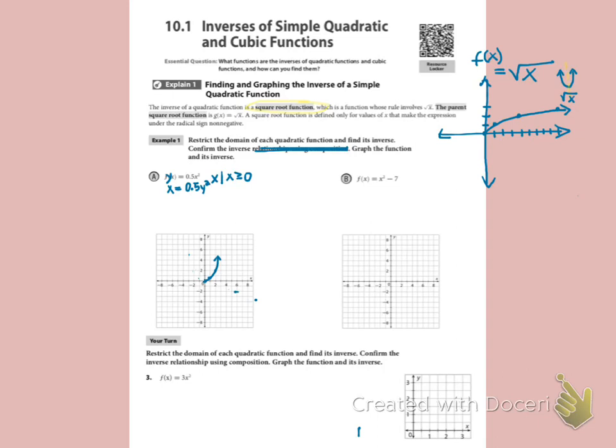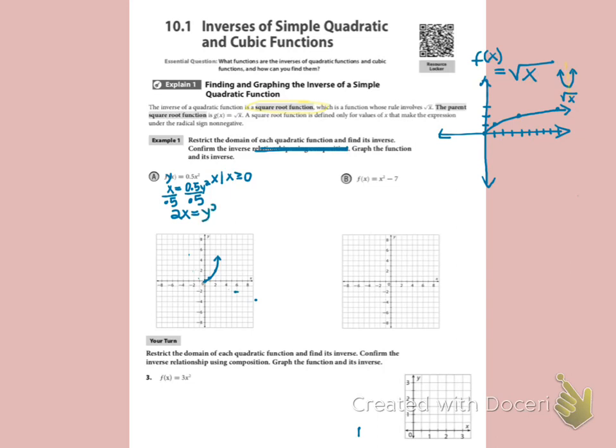Now we want to solve for y so that we can get it back in function notation. The first thing we'd do is divide both sides by 0.5. Dividing both sides by 0.5 is like multiplying both sides by the reciprocal, which is multiplying by 2. So this is really 2x, and that equals y squared.